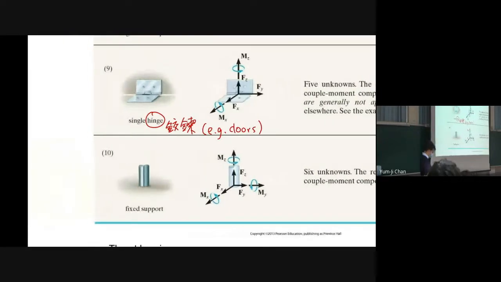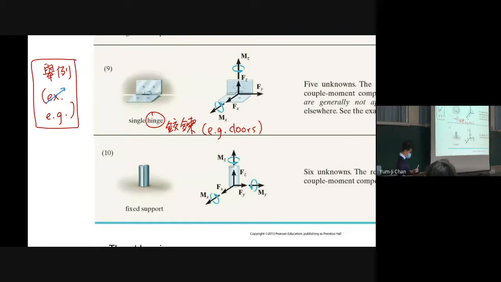Oh, by the way, of course, when we write in Chinese in Taiwan, we will write it like this one, but actually in English we would write it as E.G. Because this is not English, this is actually Latin.